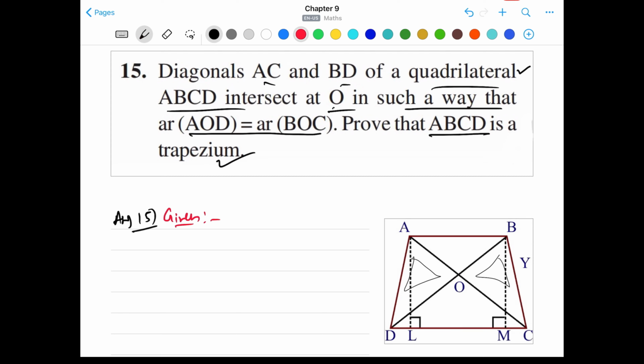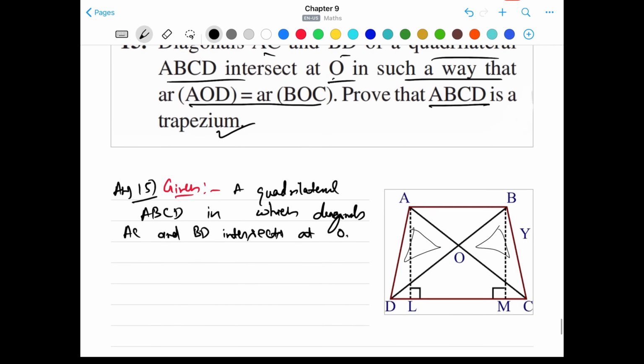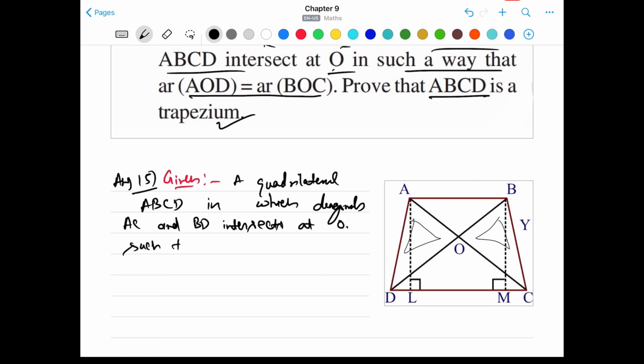Given here is a quadrilateral ABCD in which diagonals AC and BD intersect at O, such that the area of triangle AOD is equal to the area of triangle BOC.